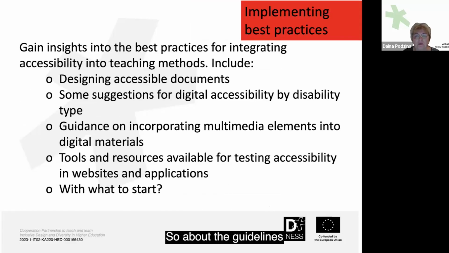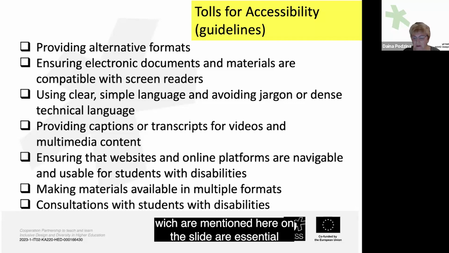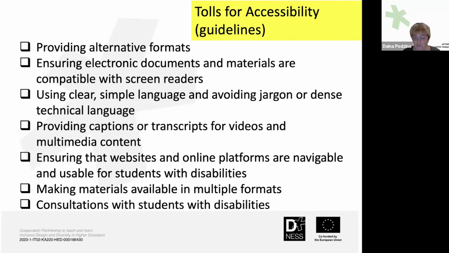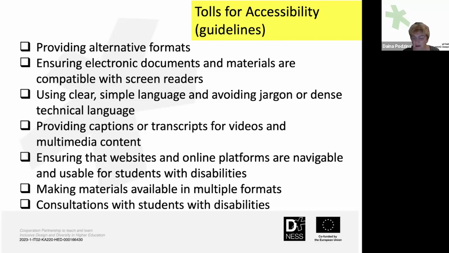So about the guidelines, previous slide, please, about guidelines. These guidelines, which are mentioned here on the slide, are essential for ensuring that all students, including those with disabilities, can access the educational materials.